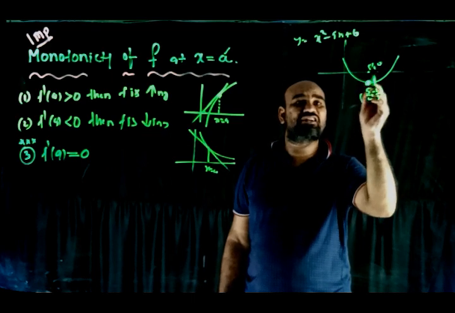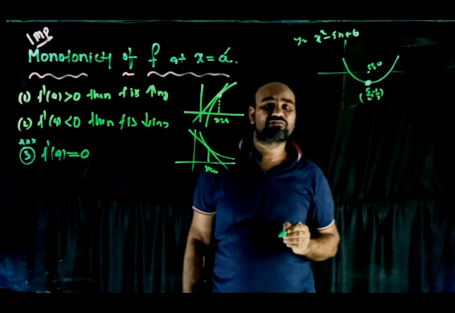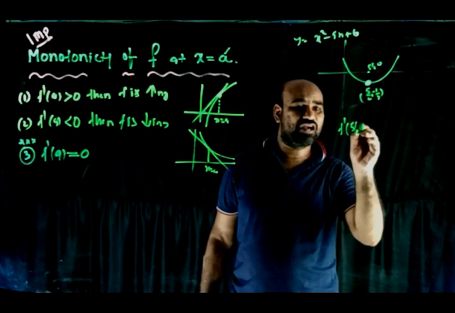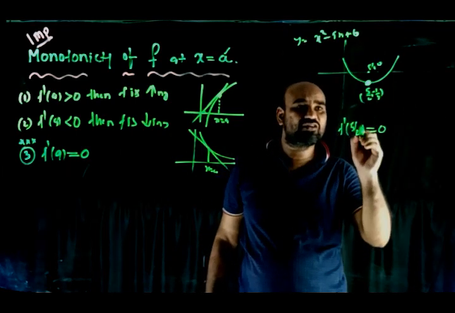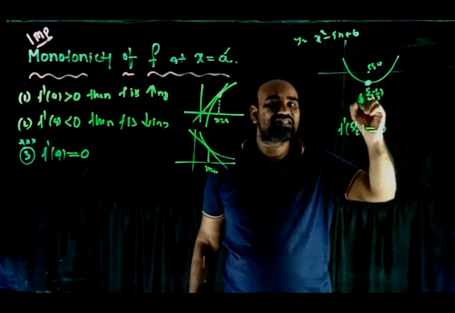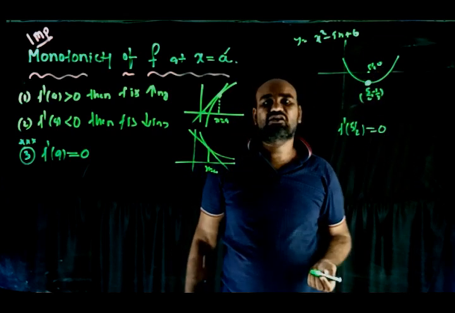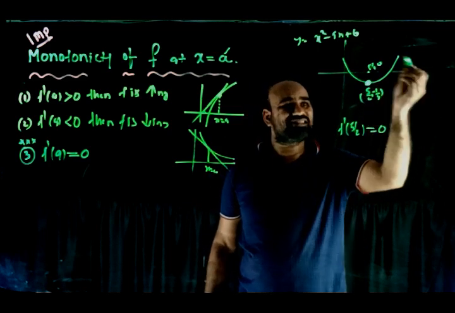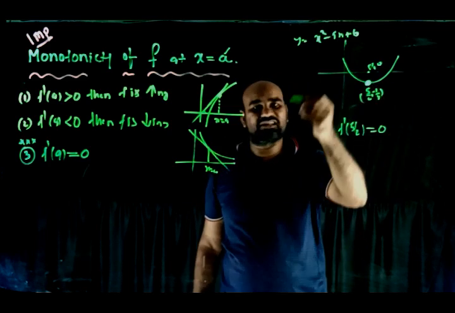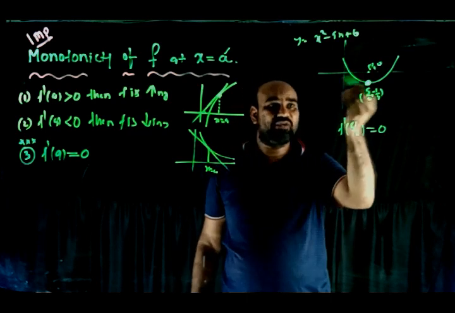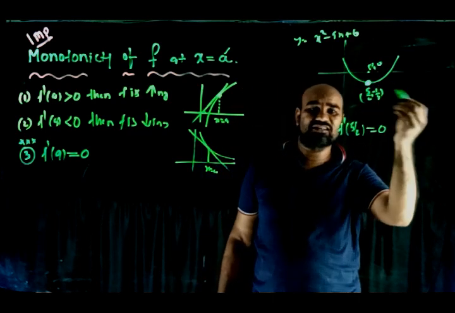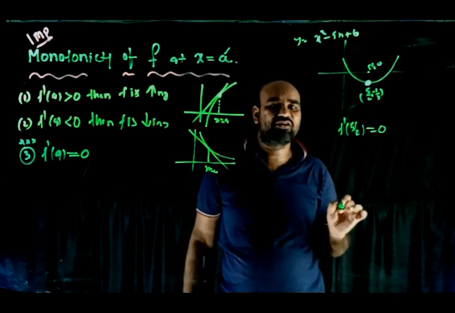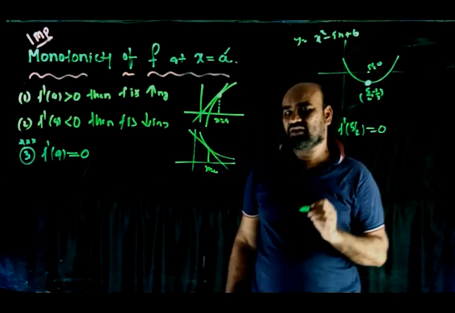At this point f dash of x is 0, meaning f dash of 5/2 equals 0. In this problem, what is our conclusion? At x equal to 5/2, the function is neither increasing nor decreasing. 5/2 plus increasing, 5/2 minus decreasing. What happened to 5/2? In this example, you can prove that at 5/2 the function is neither increasing nor decreasing.